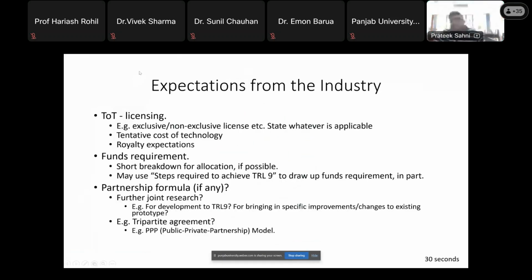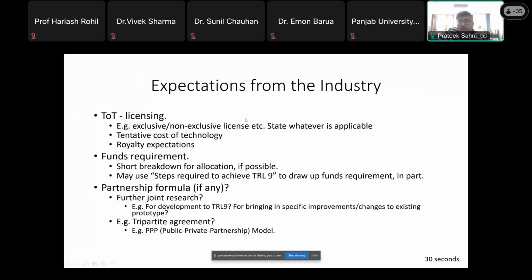Now, the next issue to tackle is expectation, your expectation from the industry itself. Of course, the first point here is the actual licensing of your technology. That can include exclusive or non-exclusive licenses, whatever sort of licenses you might be thinking of.